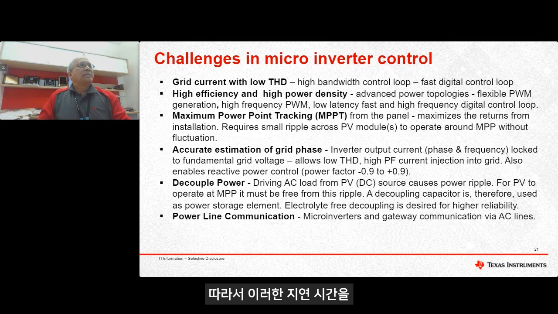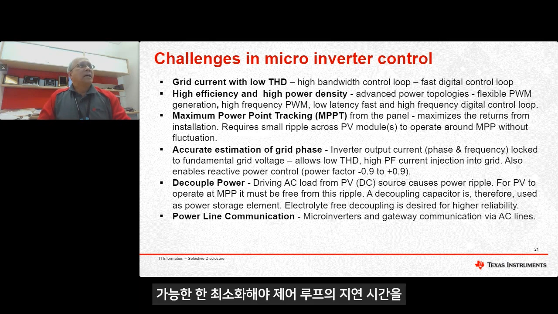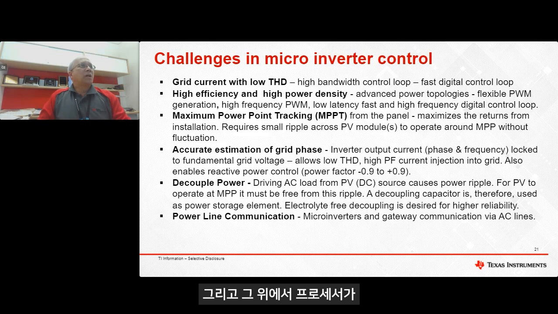That latency has to be minimized as best as possible to reduce the delay in the control loop. And on top of that, the processor has to be a high horsepower CPU, so that you can run the control implementation quickly.